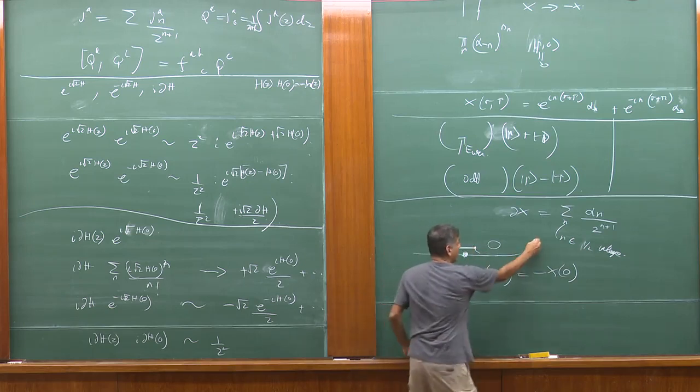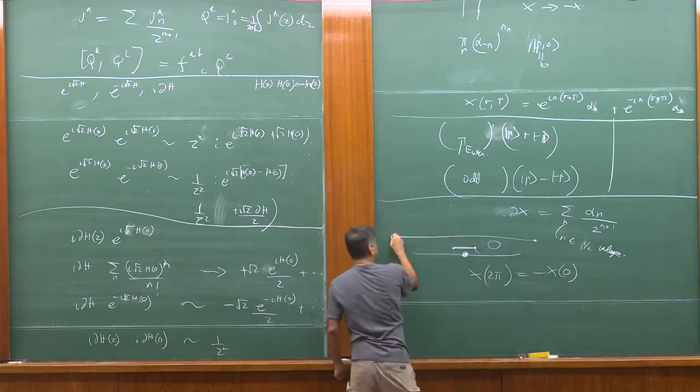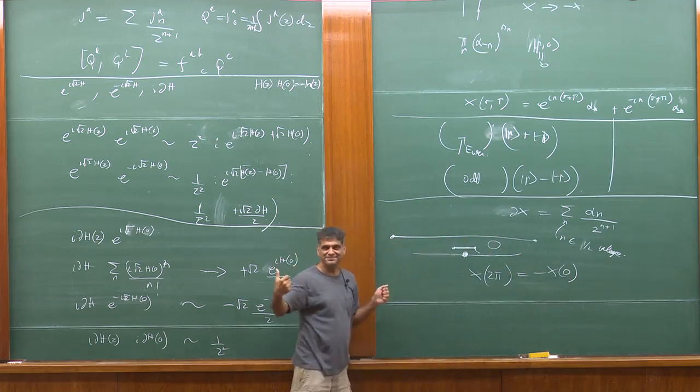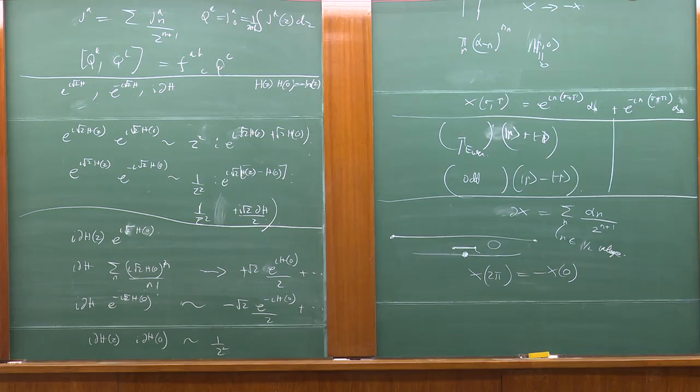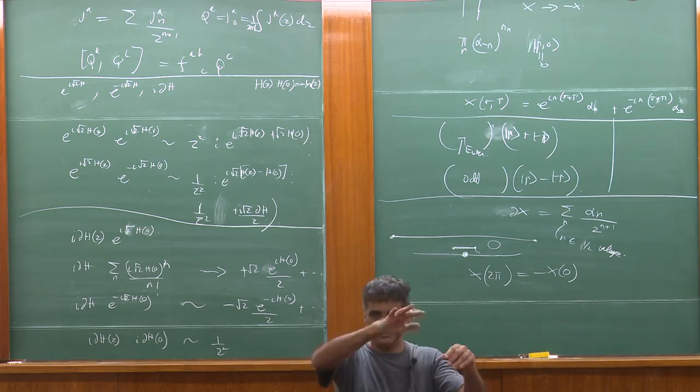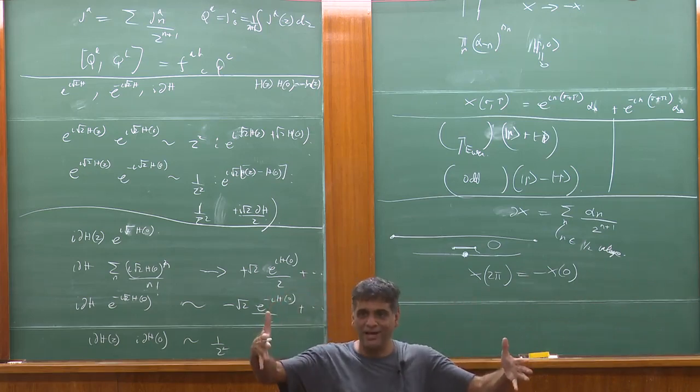No matter how far this beginning point was, the end point would have to be equally far on the other side. It can't all move far away. Is that clear? Okay. So the string therefore has no 0 mode motion.